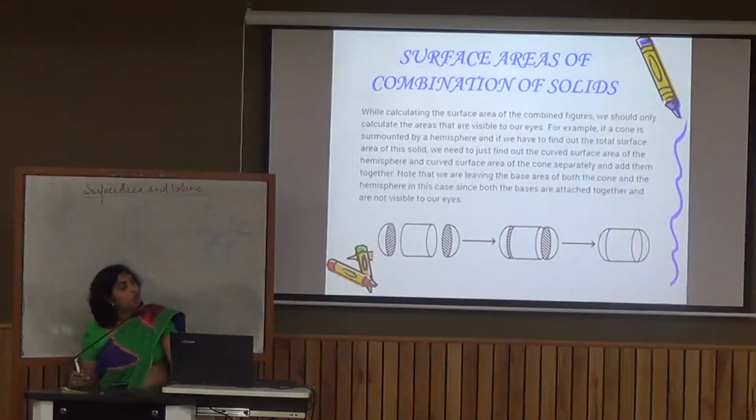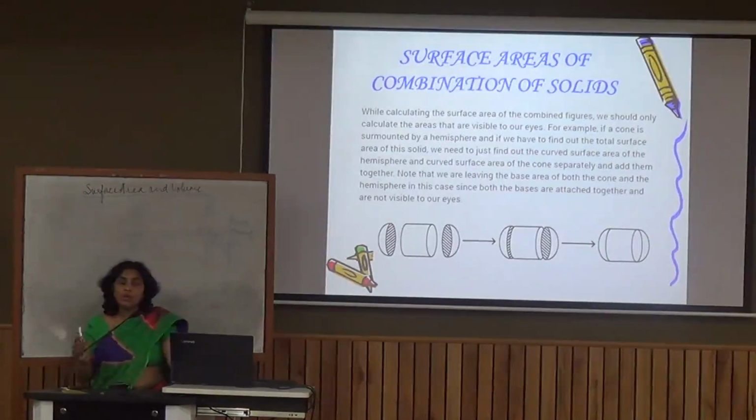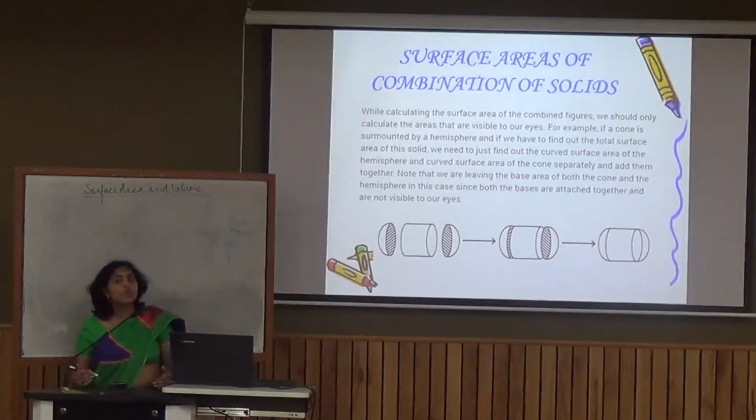So let's move on to the surface area of combination of solids. While calculating the surface area of the combined figures, we should always calculate the areas of the surfaces which are visible. We will only calculate the area for the surfaces which are visible, and we will not consider the surfaces which are not visible to us.